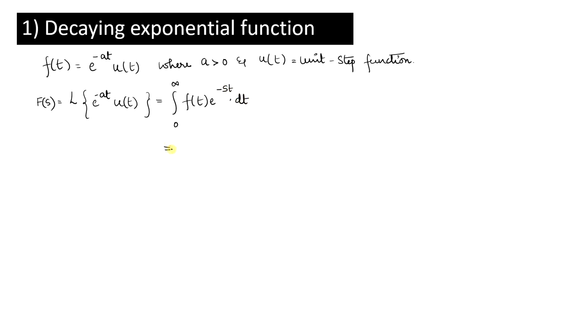Let me do the computation. Let me substitute for f of t: the integral from 0 to infinity of e power minus at into e power minus st dt. This can be written as the integral from 0 to infinity of e power minus (s plus a)t dt.